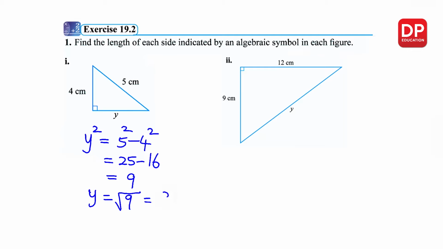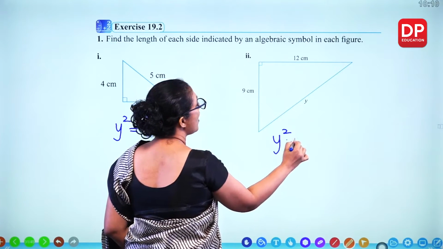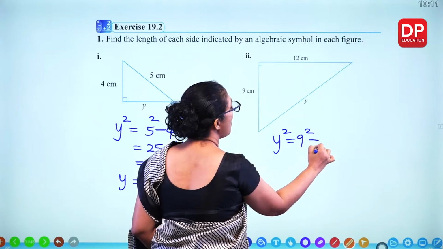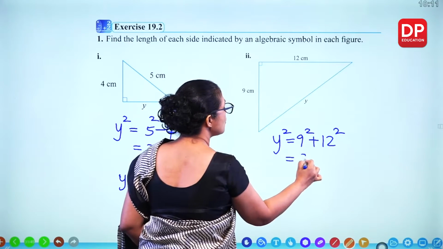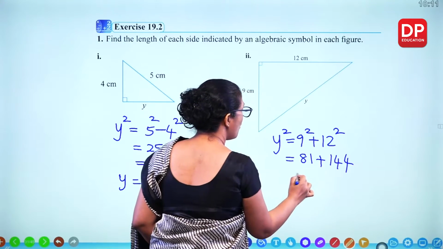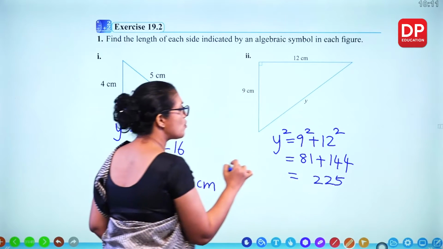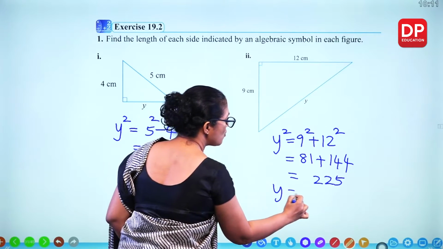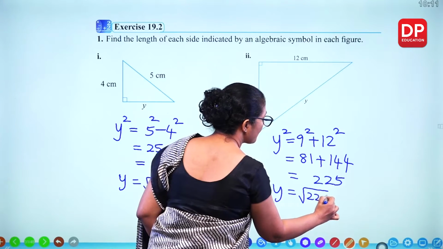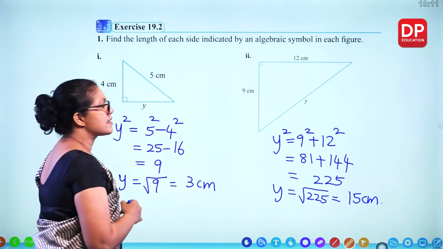Square root of 9, that's 3 centimeters. This one, y is the hypotenuse, so you can write y squared is 9 squared plus 12 squared. 9 squared is 81. 12 times 12, 144. When you add it together, you get 225. What's the square root of 225? That's 15 centimeters.